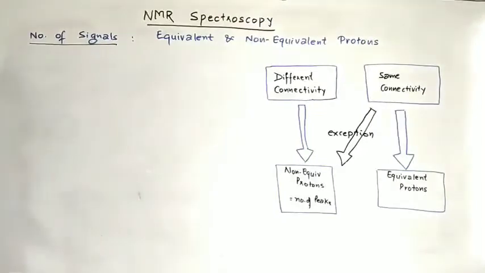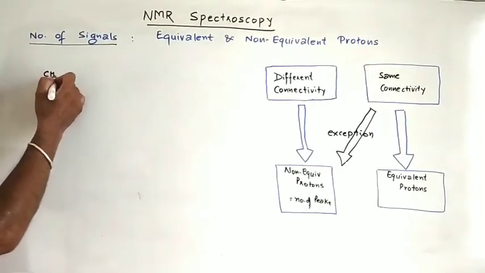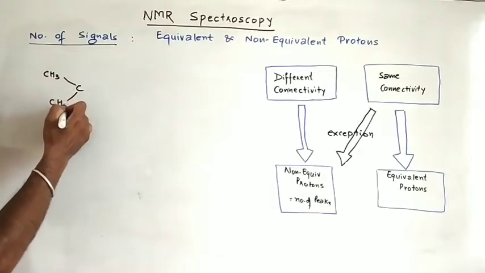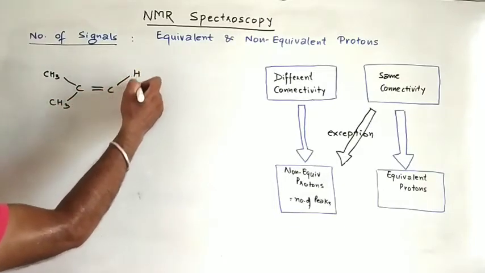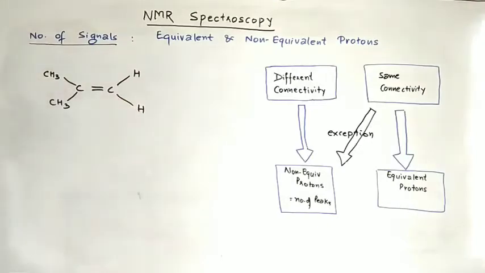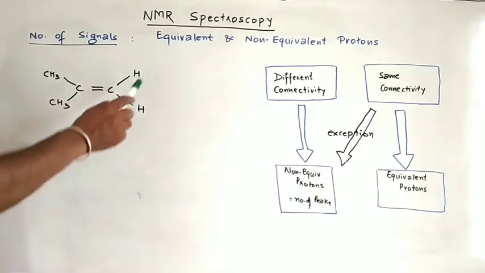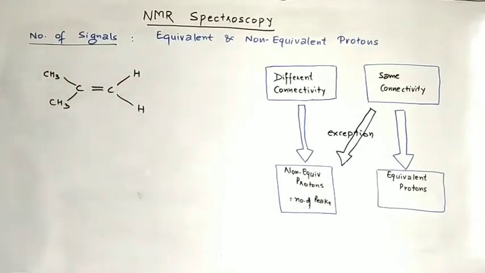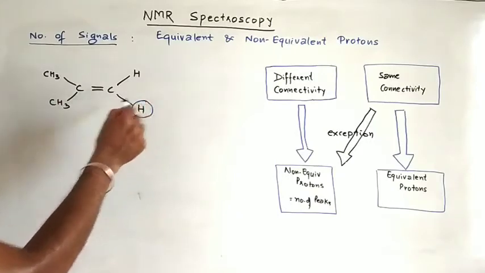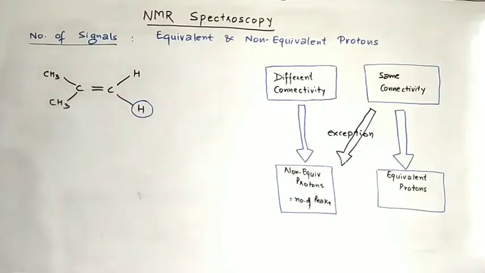Okay. Next example. Another alkene molecule. Now see this carefully. In this case you can see that the connectivity of these two hydrogens is the same, as well as their environment is the same. So both are equivalent. As you can see here, this proton is cis to this methyl, trans to this methyl.